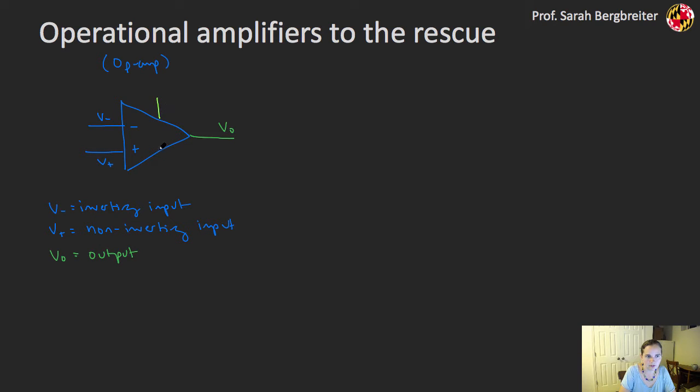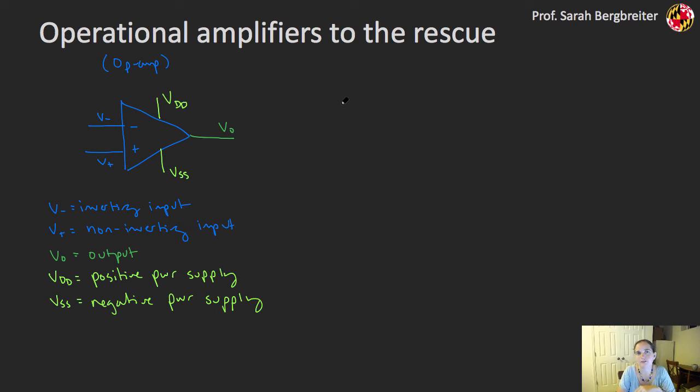And a really distinguishing feature on the op-amp is 2 additional lines here that are the power supply. So this is a powered component. It's not like a resistor where there's no power supply hooked up to it. An op-amp requires a power supply to be hooked up to it. And in this case, I'm going to use VDD to designate the positive side of my power supply, so maybe plus 5 volts or plus 15 volts. VSS will be the negative side of my power supply.